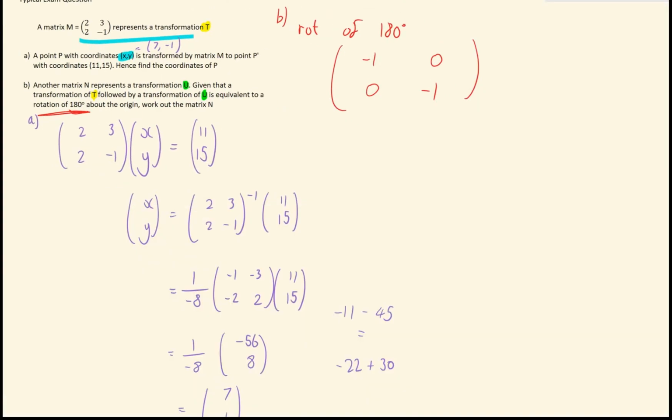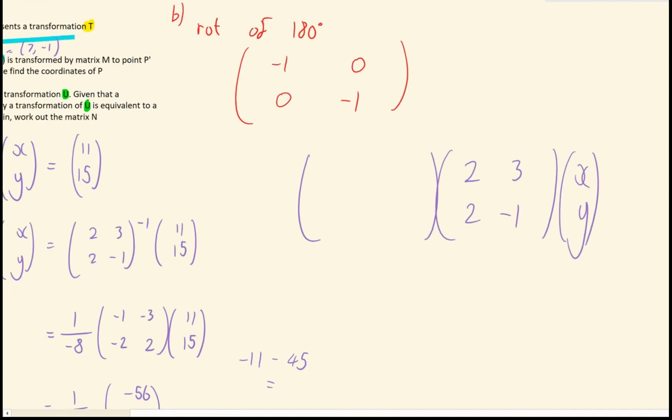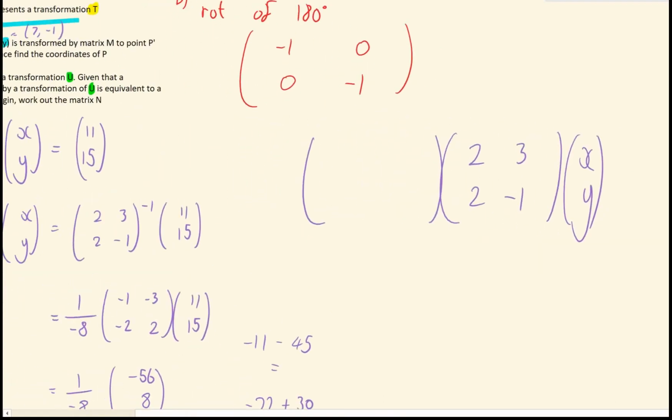Basically, we're going to have two matrices, and it's going to be the matrix M, because transformation T goes first, that will go closest. The reason is if you have a coordinate x, y here, you will do this matrix times this first. So you perform that transformation first. Okay? So just remember it gets a bit switched around there.